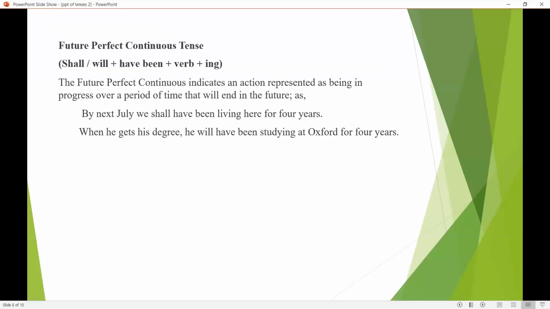Example, by next July, we shall have been living here for 4 years. The same way, when he gets his degree, he will have been studying at Oxford for 4 years. Hope you have understood this part, children.